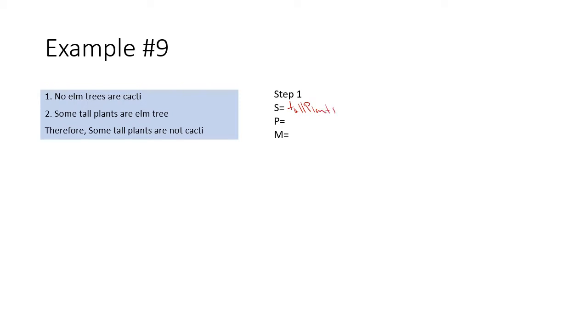Cacti is our P. And elm trees is our M. So we rewrite this to no M are P, some S are M, therefore some S are not P.